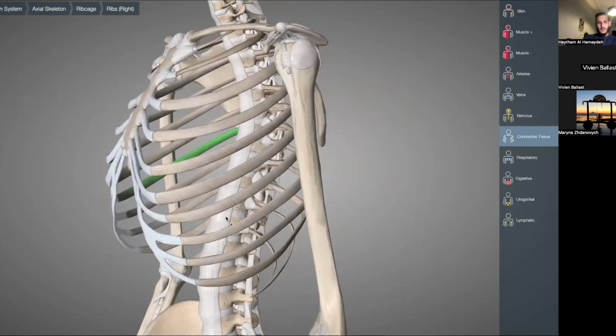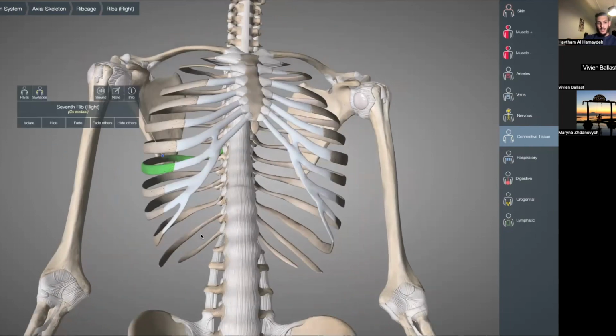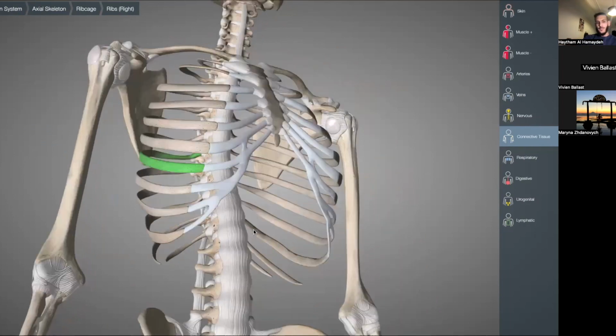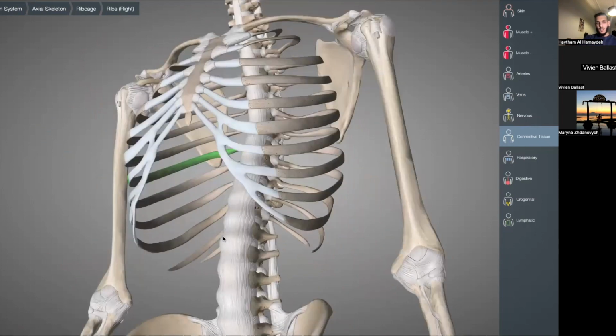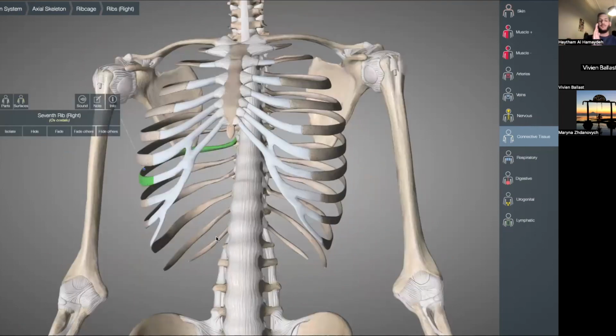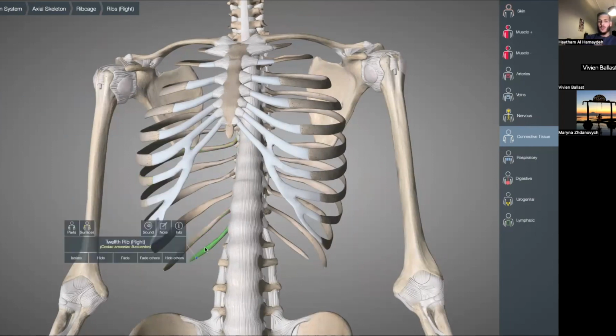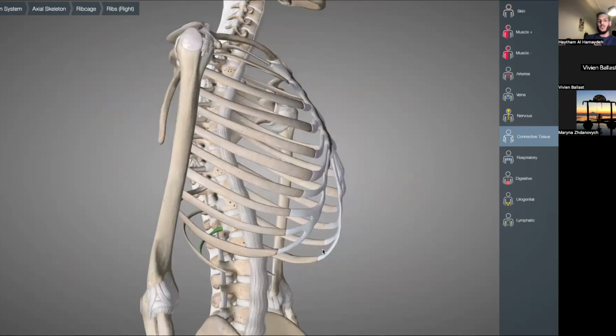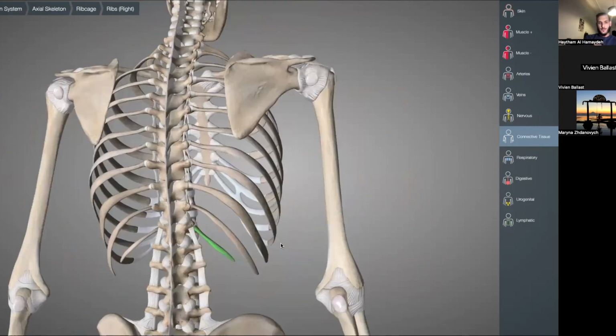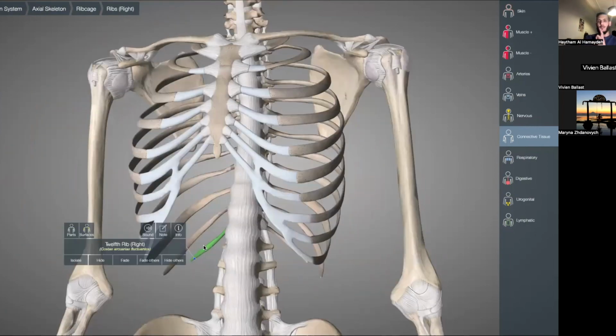If you see here, number 11 and 12 only articulate posteriorly with the vertebra. When they go front, they're floating. So 11, 12 are floating ribs. See, 11th rib, 12th rib. They are floating ribs, no articulation anteriorly.